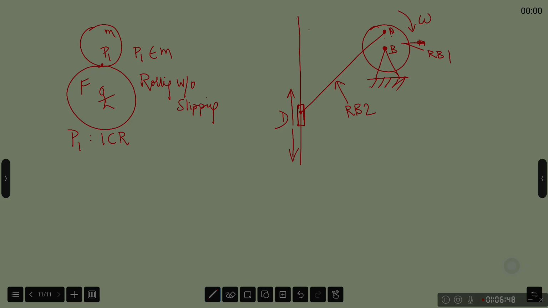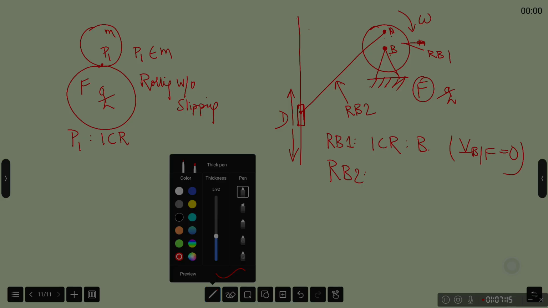At this shown instant, RB1 has its ICR at B because VBF is 0, F is the ground frame. RB2, can we locate the ICR of RB2 at this instant?